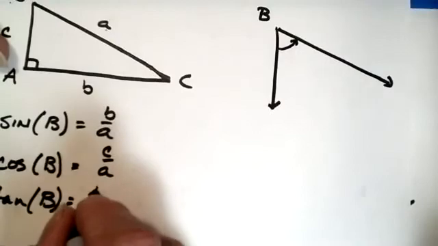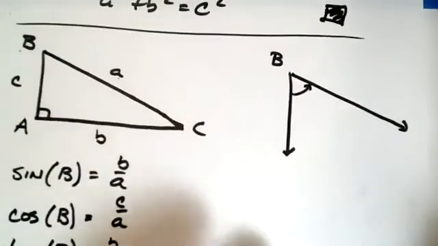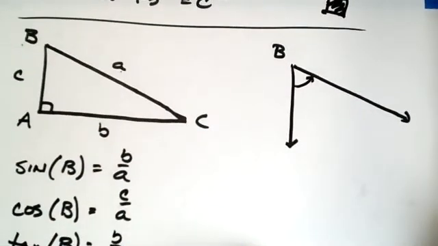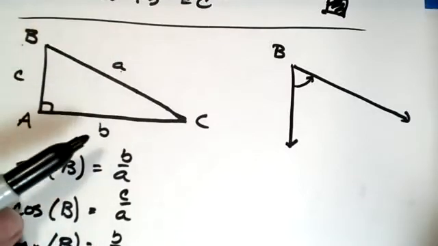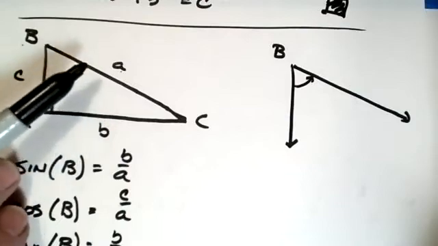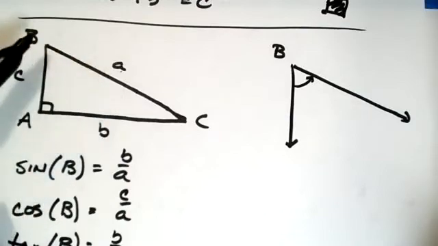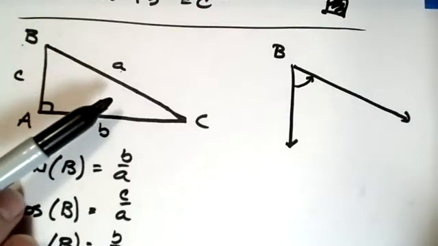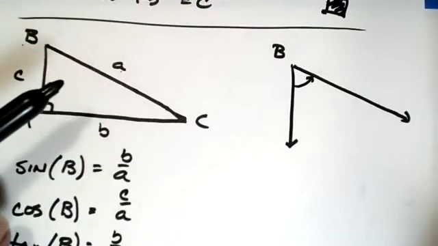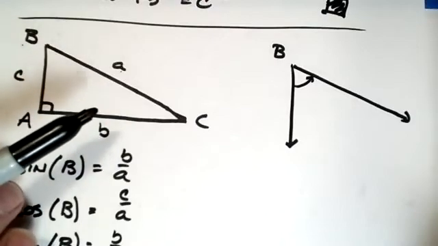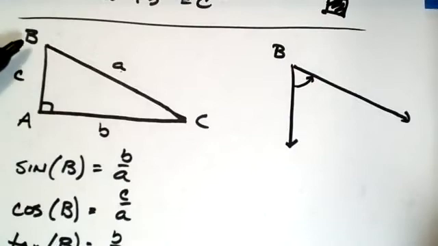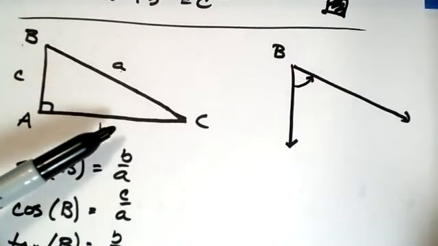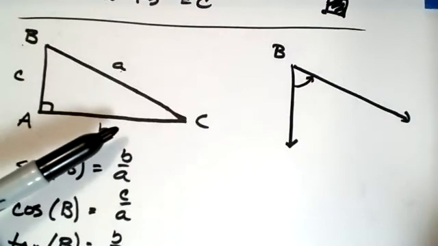Now, you may recall that there were some names associated with these different sides based on being a right triangle. And so I want to start invoking some mnemonics. If you have an acute angle B, then the side that is opposite it is called the opposite side.